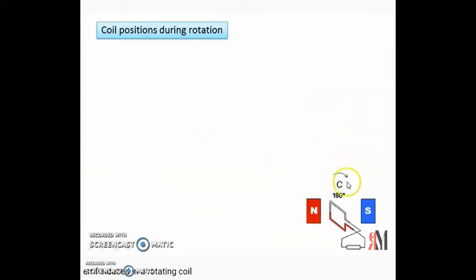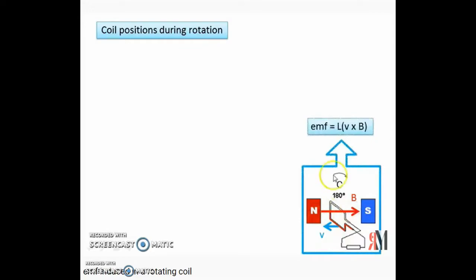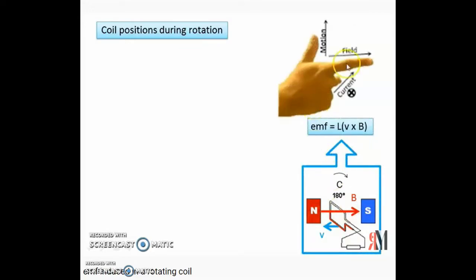Next, at position C, 180 degrees, the coil continues to rotate until 180 degrees. This time the V direction is to the left, and the B magnetic field direction is still the same, north to south. Using Fleming's right hand rule, your pointer finger shows the direction of B. The direction of V is supposed to be upward, but this time it's parallel.